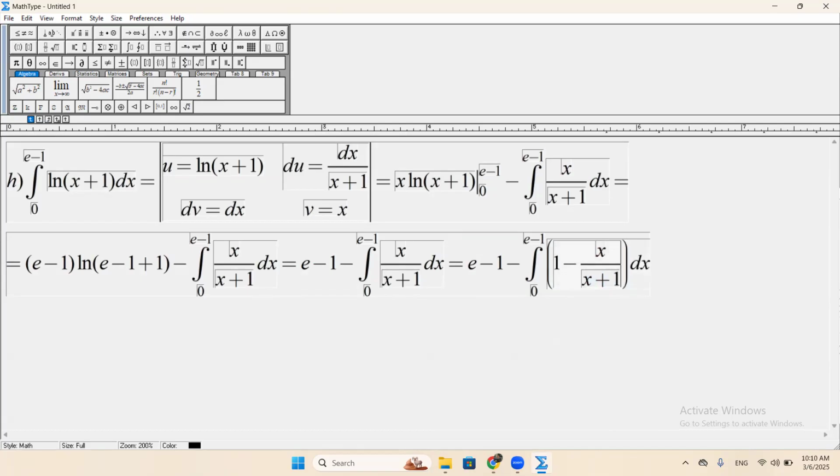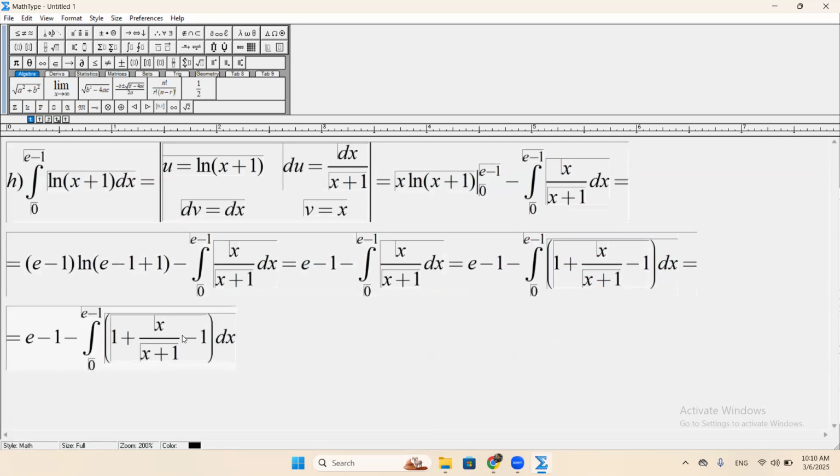So we need to subtract and add 1 here. So plus and plus 1 minus 1. If I subtract, I will receive the following expression. So 1 minus 1 over x plus 1.